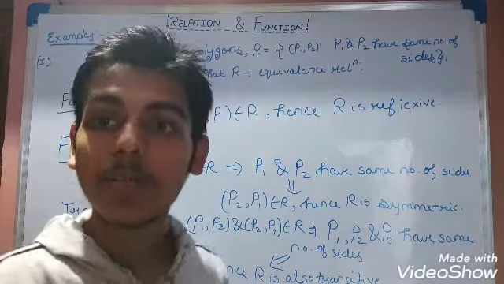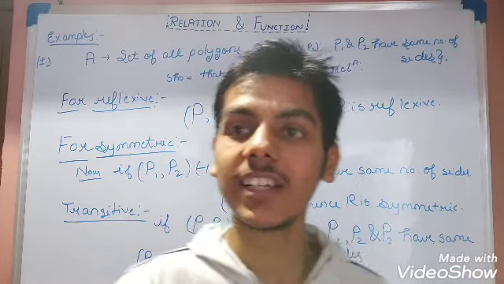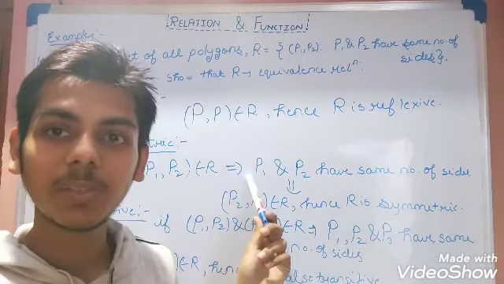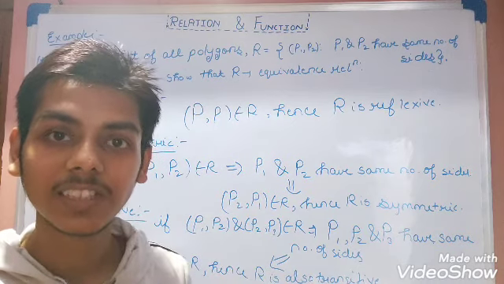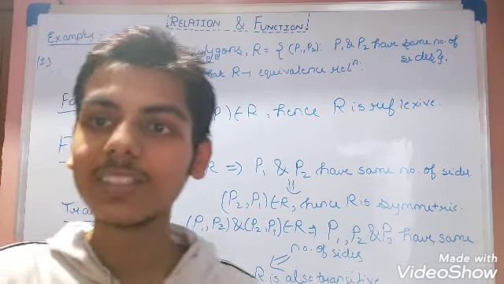So we see that the relation R is reflexive, symmetric and transitive. Thus relation R is an equivalence relation.